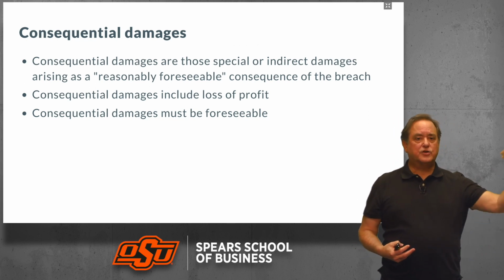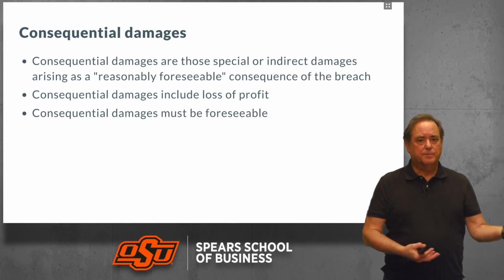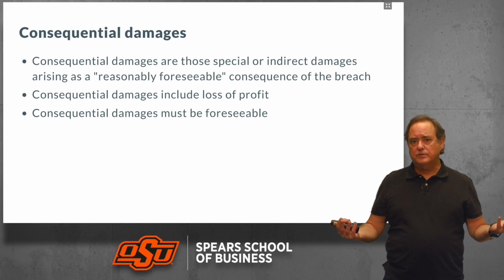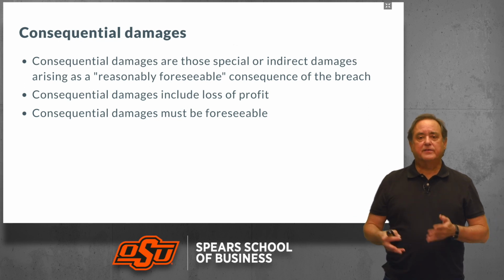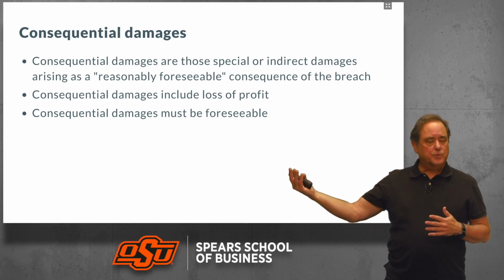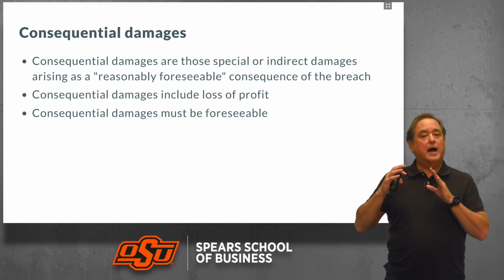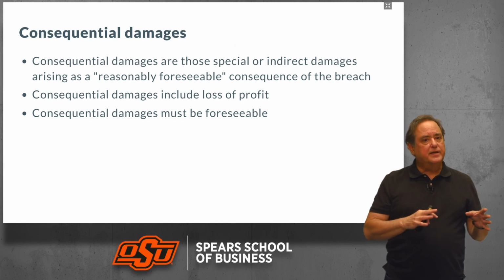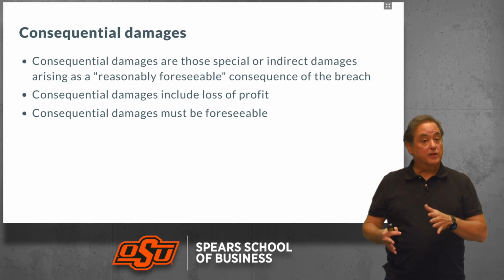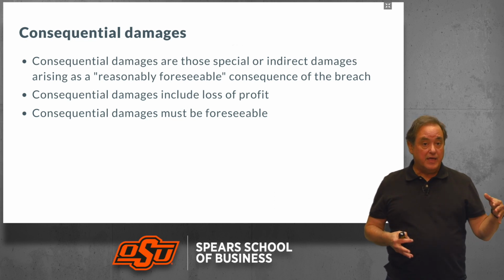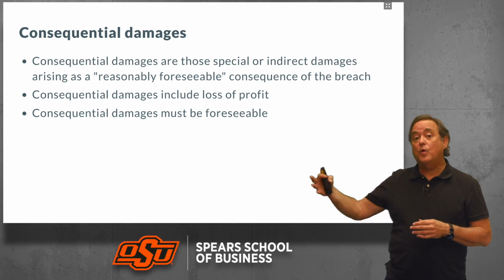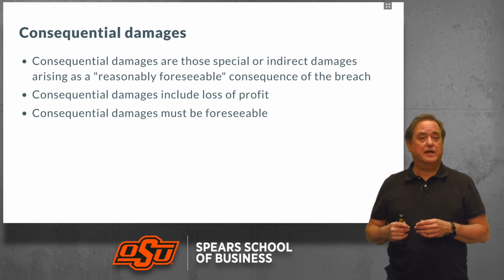If I contract with T-Mobile to provide me service and the service goes out for a day and I miss a very important call offering me a job and they call someone else and offer them a job, I'm not going to be able to sue for the difference for those consequential damages. I can sue for the loss of the day's use that I didn't have service, but I can't sue for what occurred as a result of that.